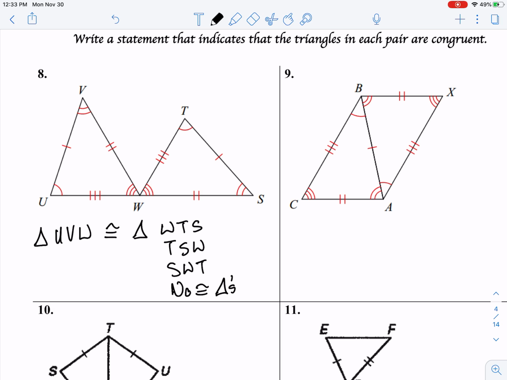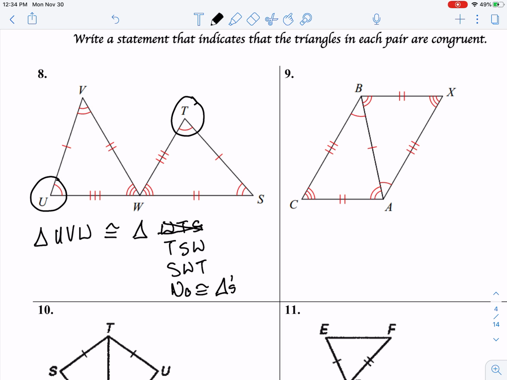So U, right, has one mark in its angle. So which angle over here in the other triangle has one mark? T. Okay. So U and T must go together.